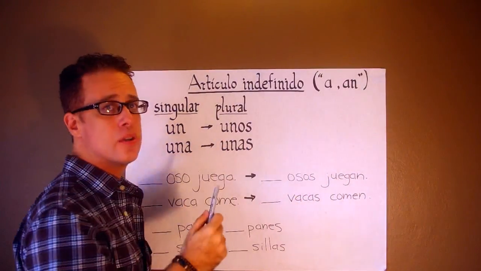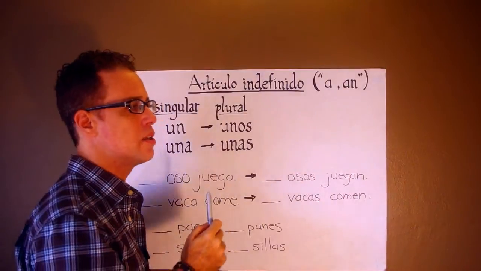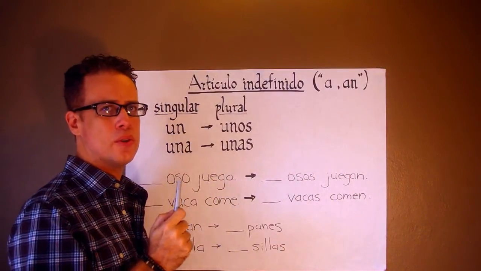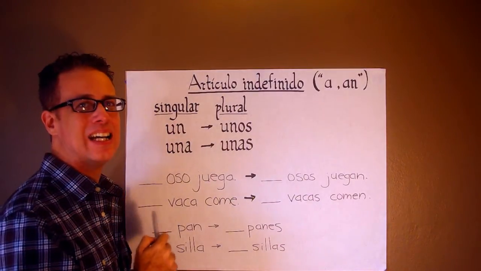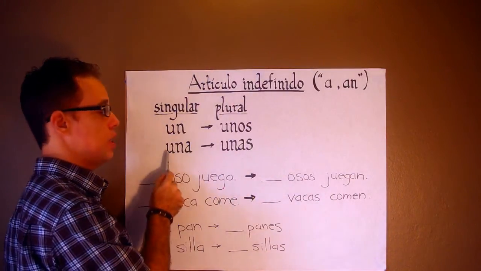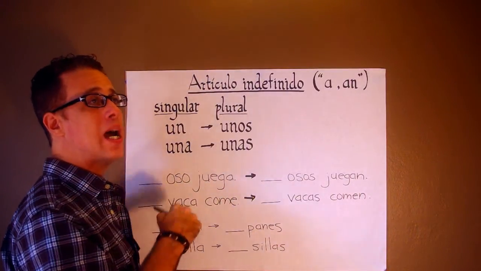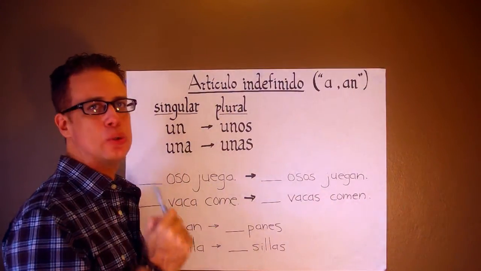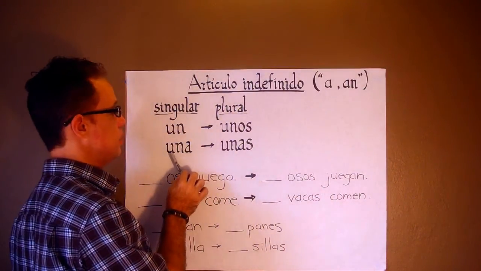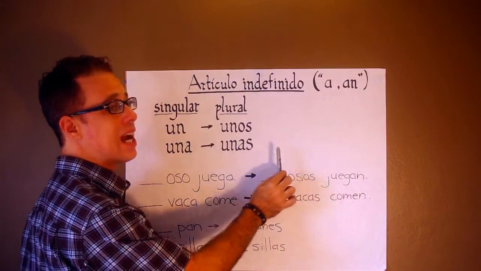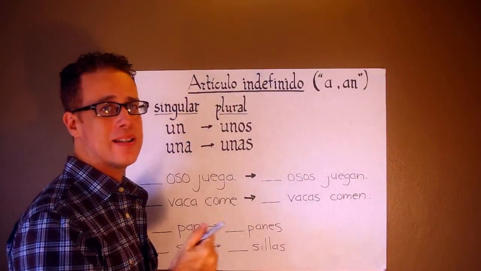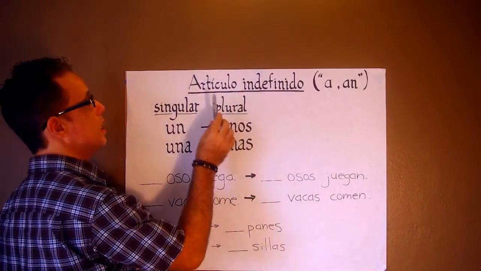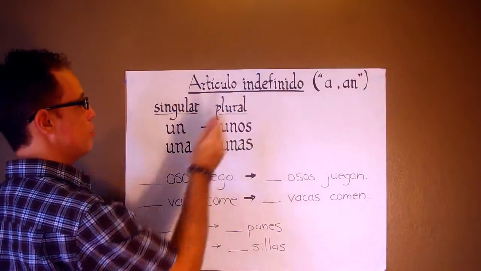Some cars you don't know about. Una casa, in the feminine, this is the singular feminine. Una casa, a house. If we change it to the plural, unas casas, some houses. This is the artículo indefinido.